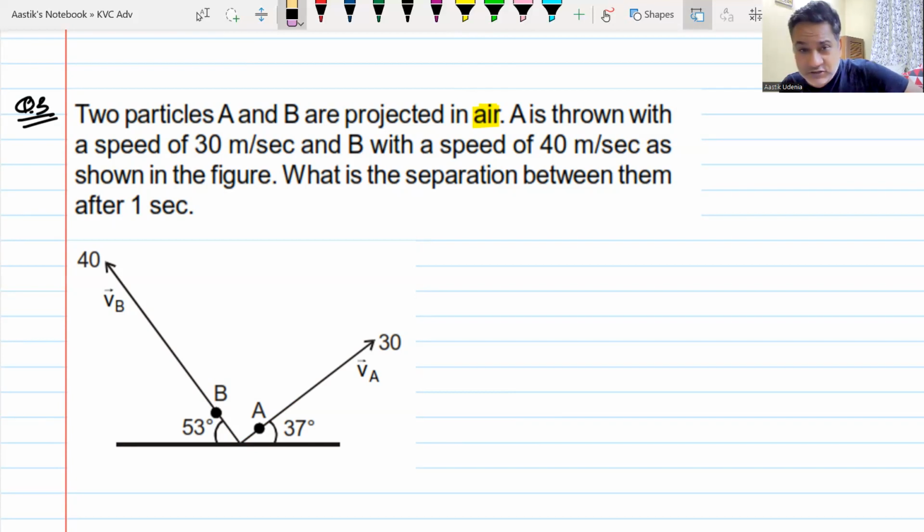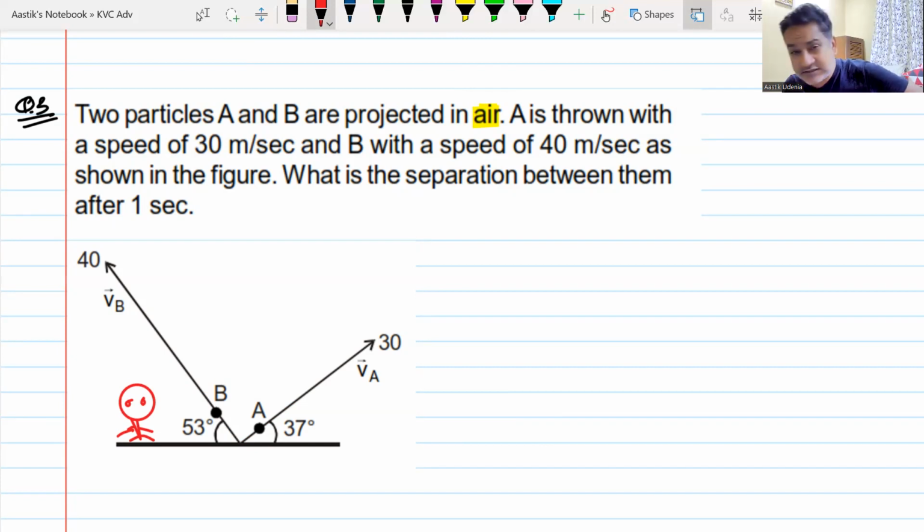Now, to do any question of this nature, what is the fact that you need to remember? Now, if I'm watching this motion as this red Hulk, it's a difficult motion because both of them are projectiles and they are moving along projectile paths.